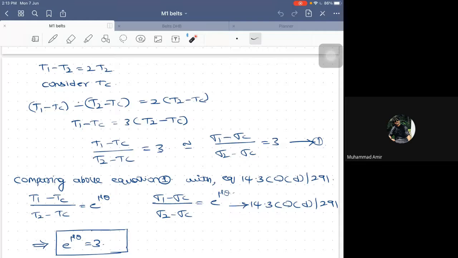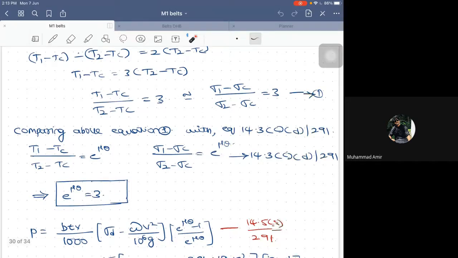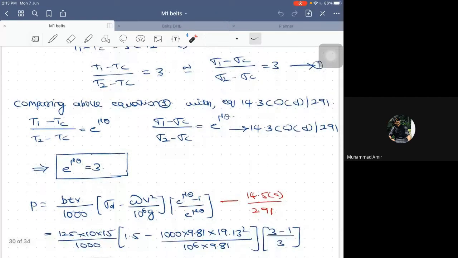Yes, sir. Good. Once this is obtained, you can use this expression to calculate the power. Same old expression 14.5a, page number 291. Just substitute all the parameters which are given. E to the power of mu theta, you can directly substitute as 3 here. That is the only twist or turn in this particular problem. Everything else is the same. Calculate this and give me the value.